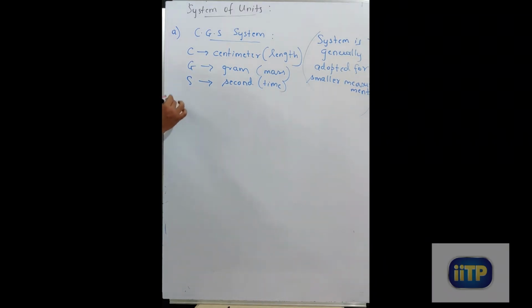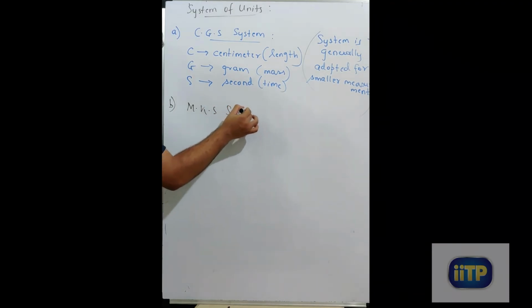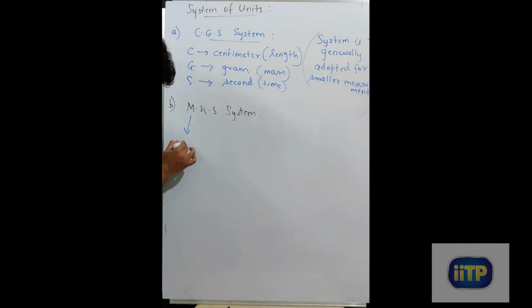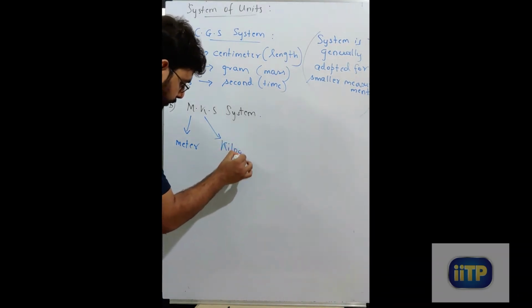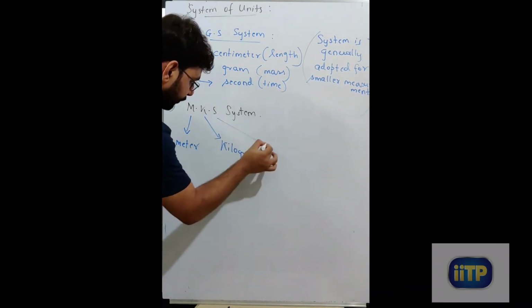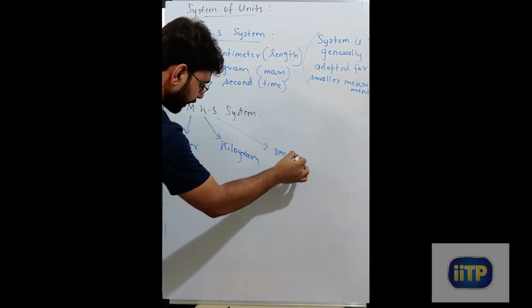Next is the MKS system. What is MKS? M stands for meter, right? K stands for kilogram, and S stands for second, that is for time.